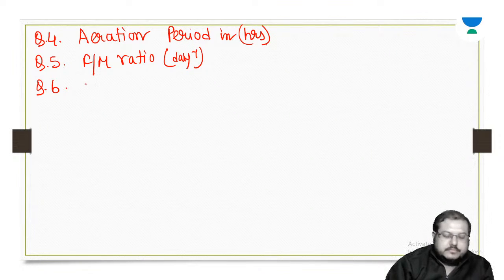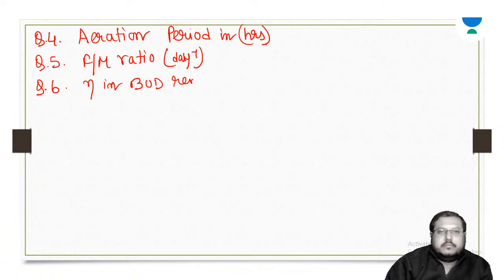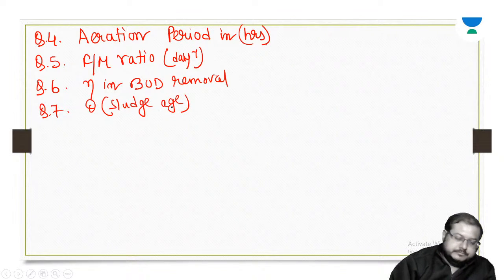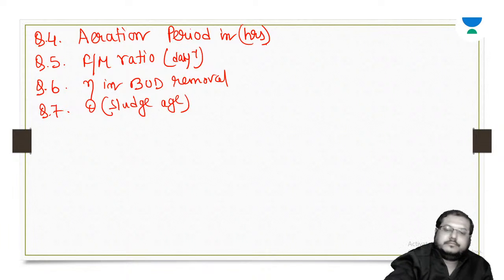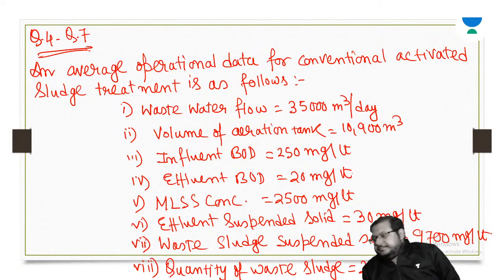Question number 6: Efficiency in BOD removal. Question number 7: Theta sludge age. This thing you need to find out. That is a statement.